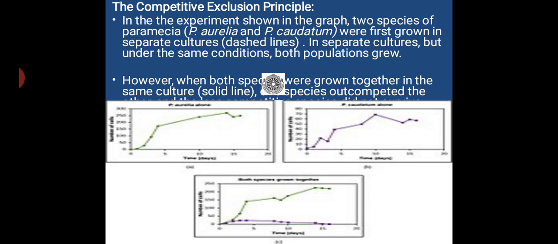However, when both of them are grown in the same culture medium, Paramecium aurelia competes with Paramecium caudatum, shown in the purple line here, which is going to be excluded because of the intense competition offered by Paramecium aurelia. So this is a clear graphical representation to explain the concept of the competitive exclusion principle.